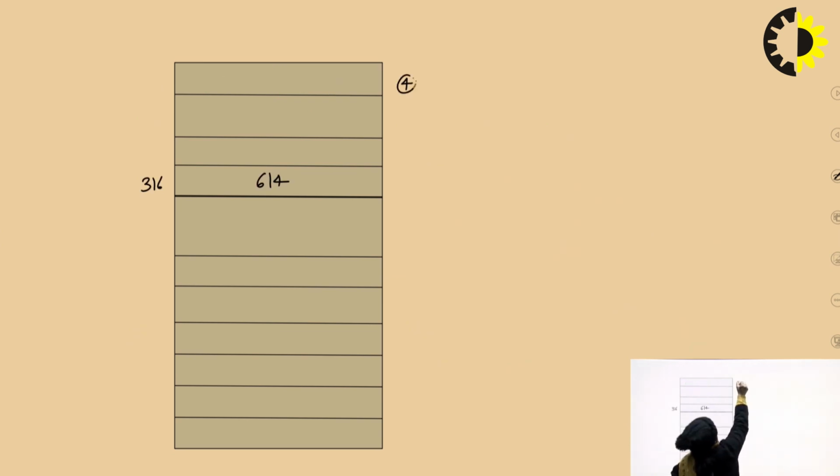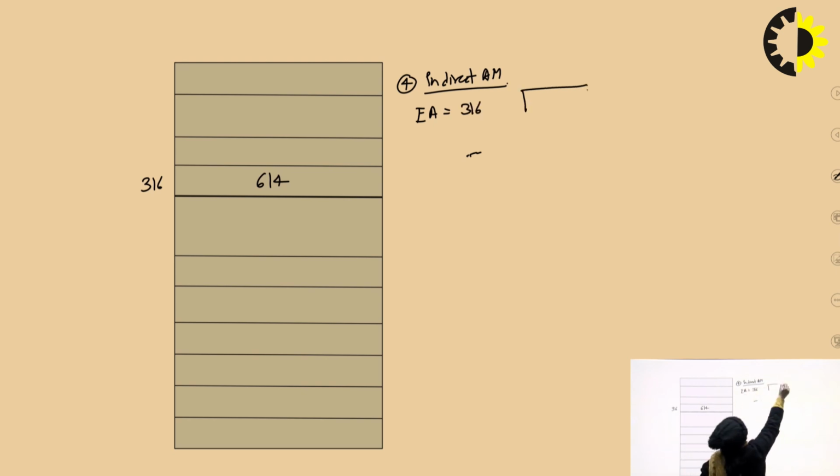In the indirect addressing mode, what will be the effective address? Effective address will be this 316, and in the operand there is 614. These 2 numbers we are assuming.